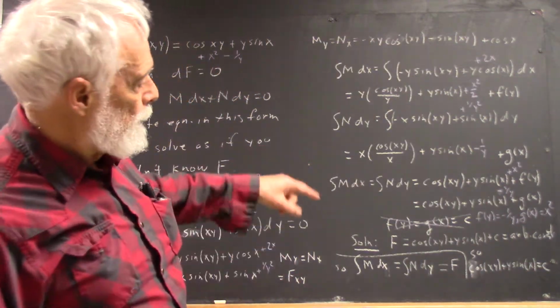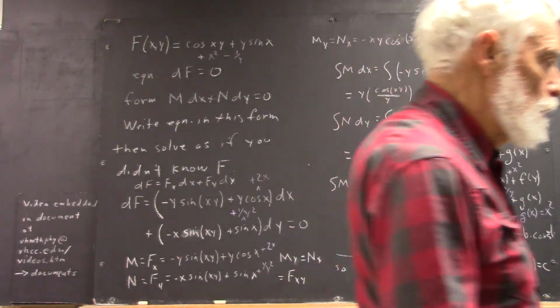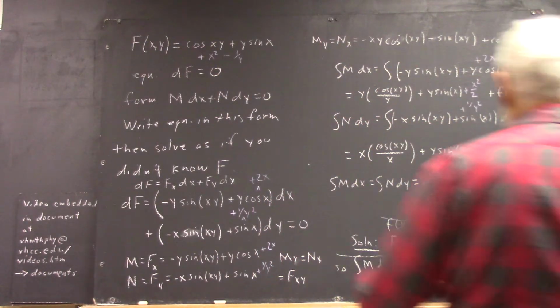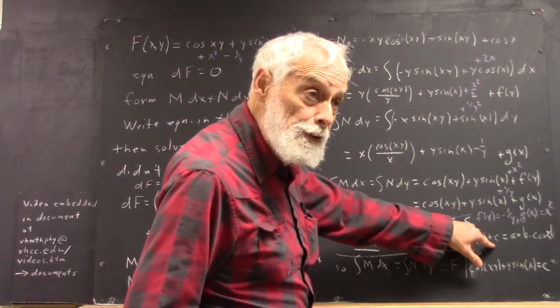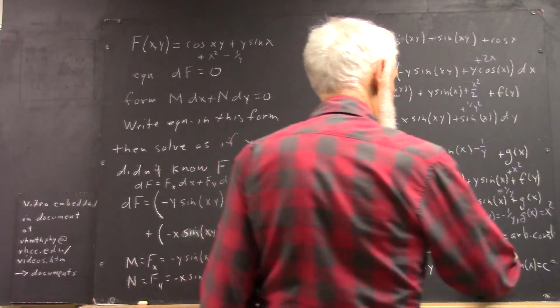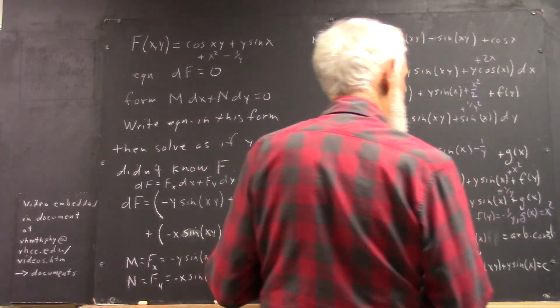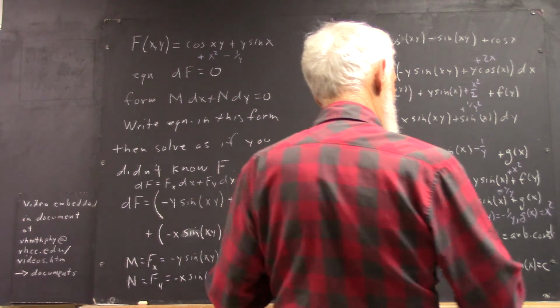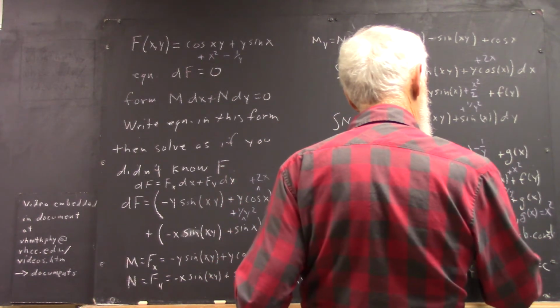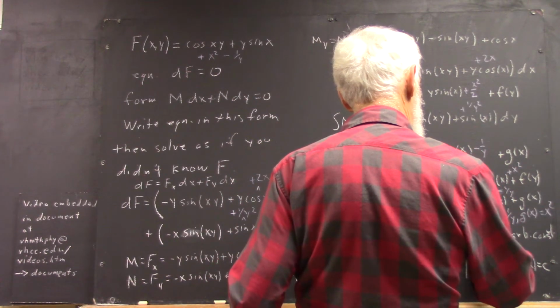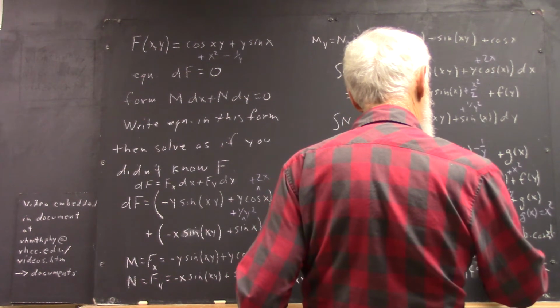So that our function now is no longer this plus a constant. It's this plus x squared minus 1 over y.